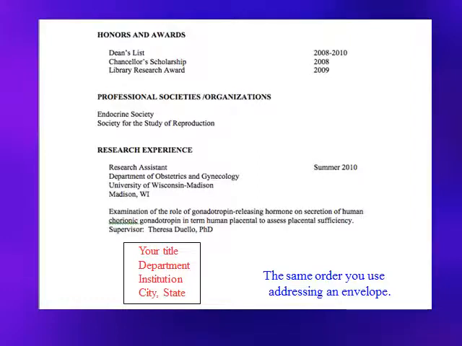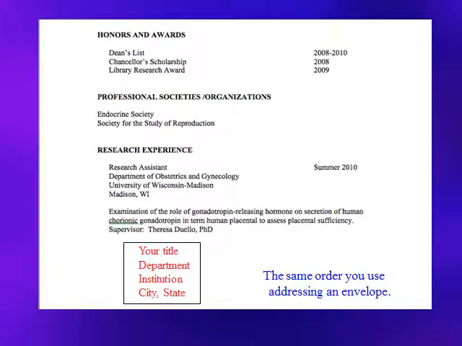So when we talk about research experience here, I can tell you that this is where students have the most difficulty. And first I want to indicate that I have the title, Research Assistant, where, Department of Obstetrics and Gynecology, institution, University of Wisconsin-Madison, the city, and the state.